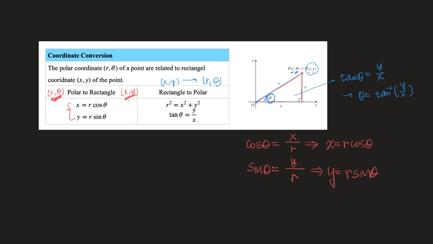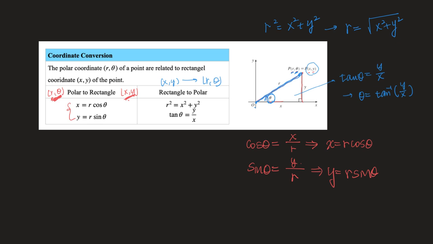R is the distance between the two points, 0, 0 and x, y. So r squared, you can use the distance formula or the Pythagorean theorem: r squared equals x squared plus y squared. So r equals the square root of x squared plus y squared. You may feel a little awkward, right?